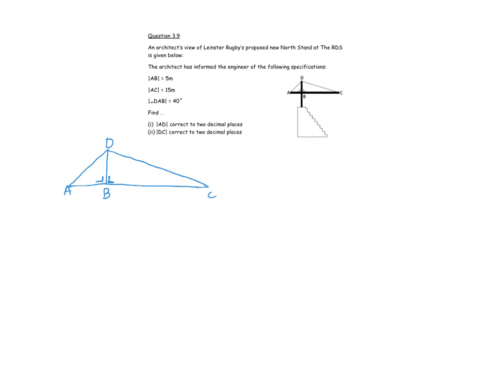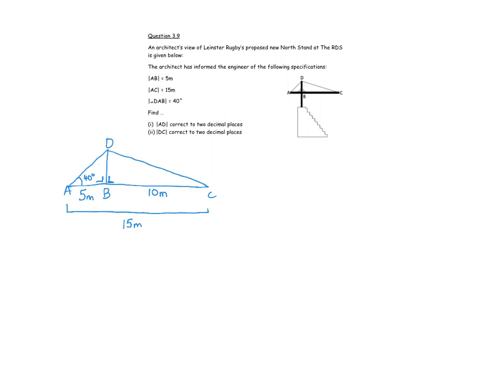The first thing it says is AB is 5 meters. It tells us that AC is 15 meters. That would make BC 10 meters. It tells us that the angle DAB is 40 degrees.